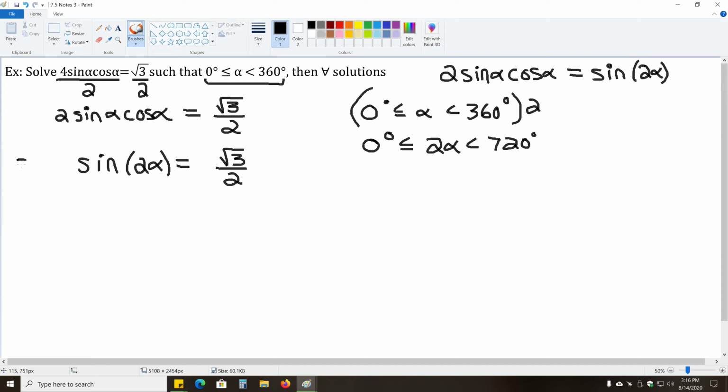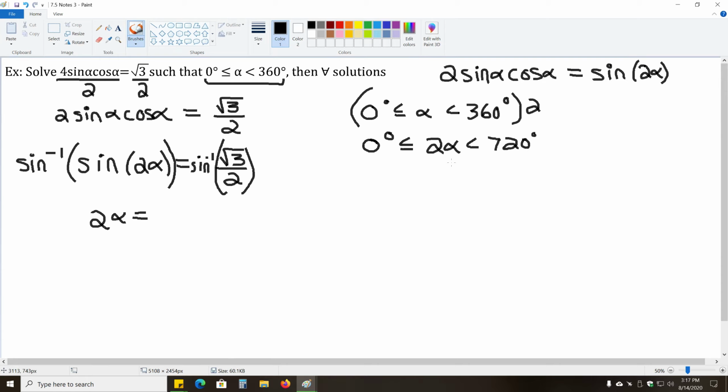And now at this point, we can take sine inverse of each side of the equation, which gives us 2 alpha equals sine inverse of the square root of 3 over 2. We want every value that when we plug it into sine, we get a positive square root 3 over 2.